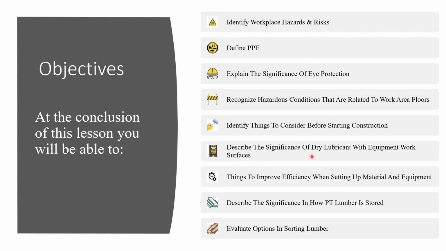Describe the significance of dry lubricant with equipment work surfaces. List things to improve efficiency when setting up material and equipment. And you'll be able to describe how pressure treated lumber should be stored, and evaluate options in sorting lumber.